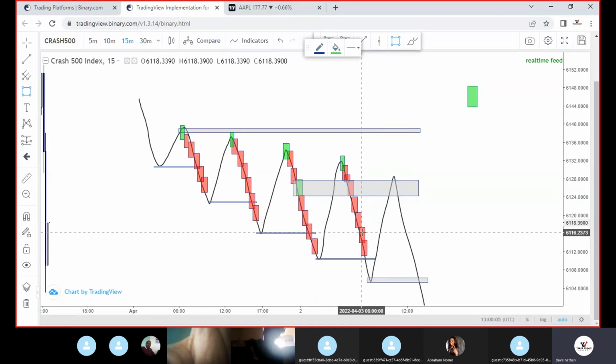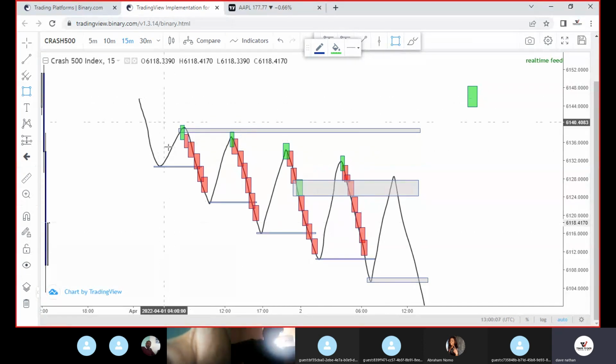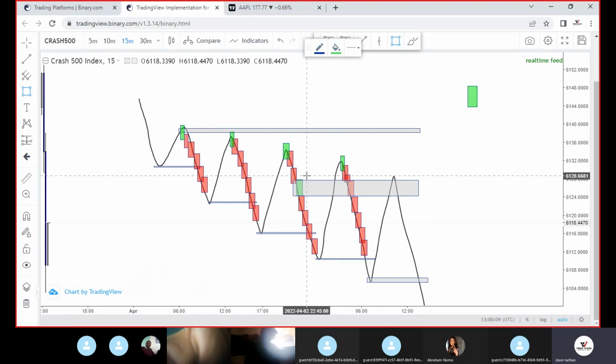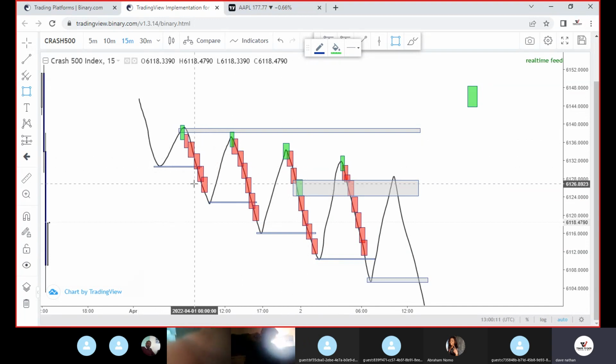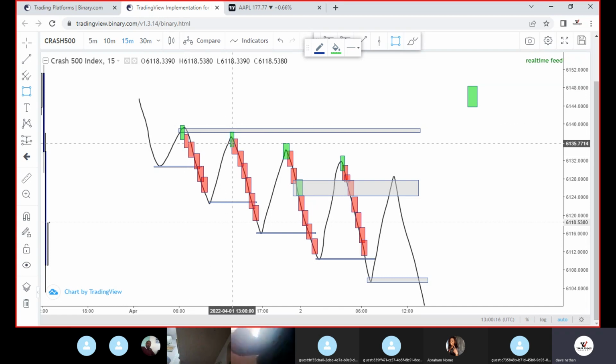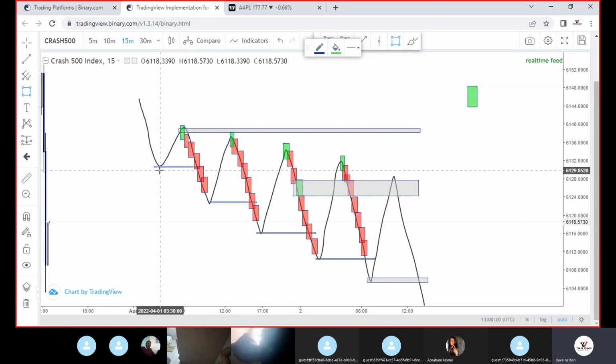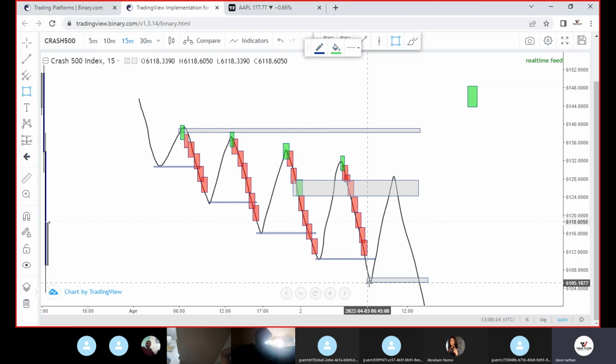The most important thing you need to take out of this class is, when first we are in a downtrend, look out for the support that is being broken, and then mark the zones where the break of structure happened, for example this support, this support, and this support here.